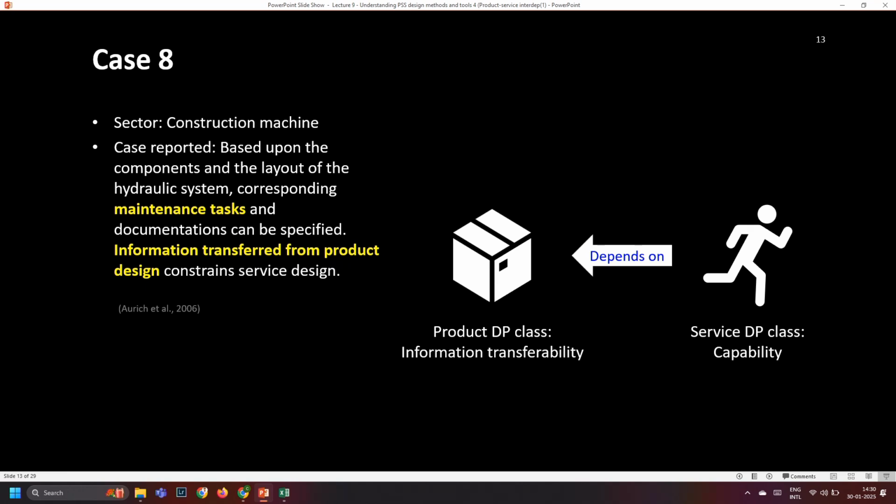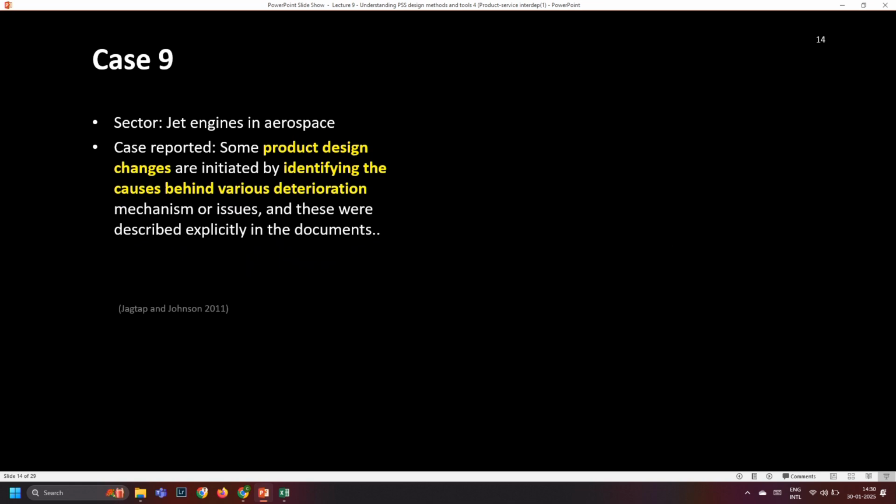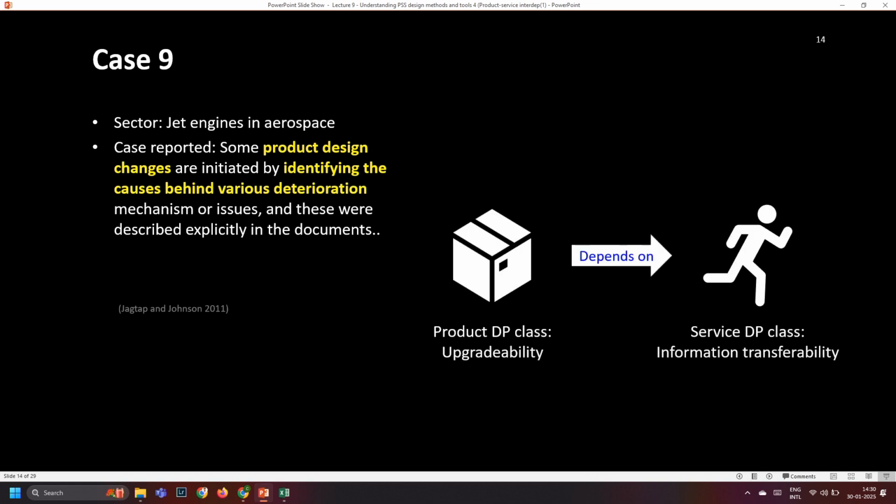The maintenance task depends on the information transferred from the product design. Availability. And next example, again, jet engines in aerospace. Product design depends on the information that can be obtained from the service activities. In this case, deterioration.